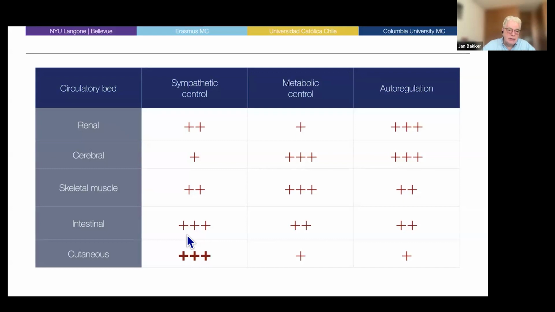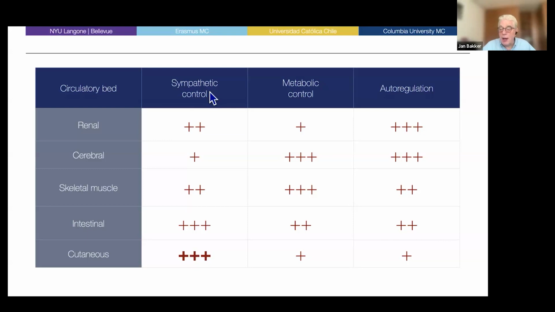Now, why is the peripheral circulation interesting? Because it's so much under the sympathetic nervous system control, just like the intestinal circulation. Skin perfusion is very much controlled by the sympathetic nervous system. And of course, you need your sympathetic nervous system when you get into trouble.